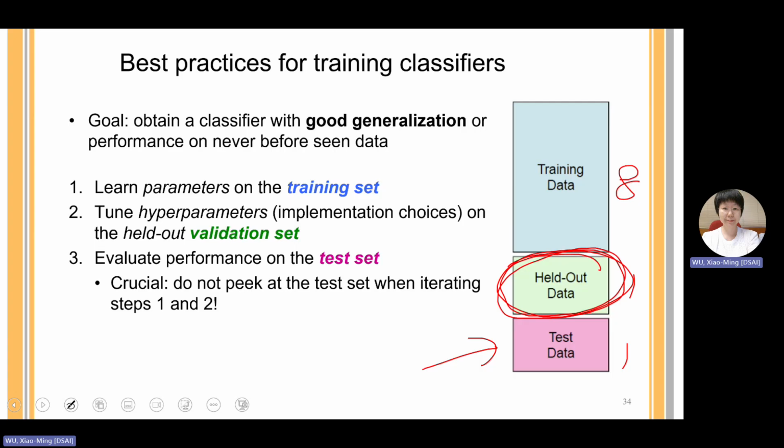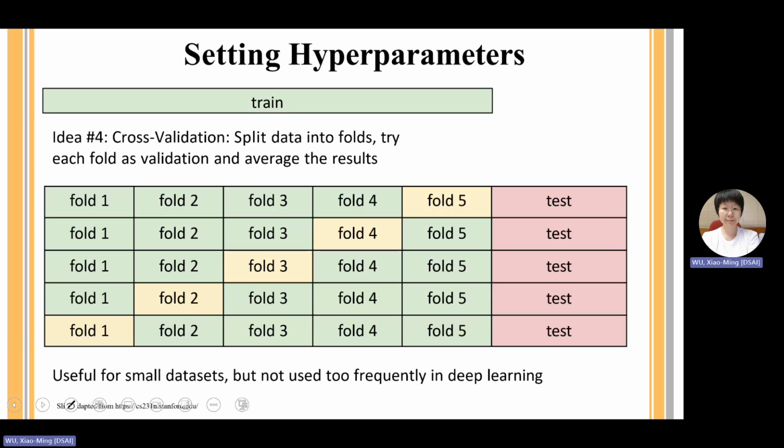If you follow this protocol, the validation set is only used for validation. You don't get to use this portion of data for training. But for cross validation, you use up all the data for training.